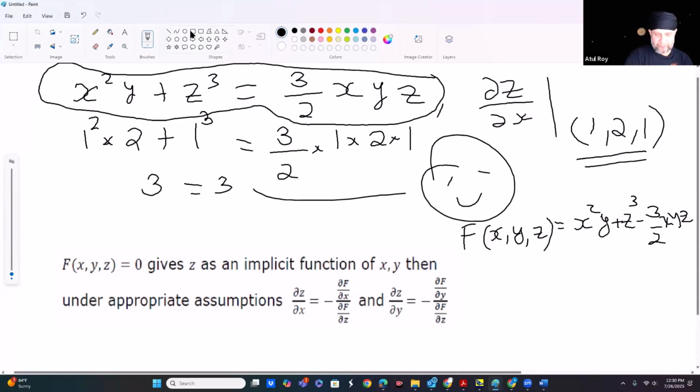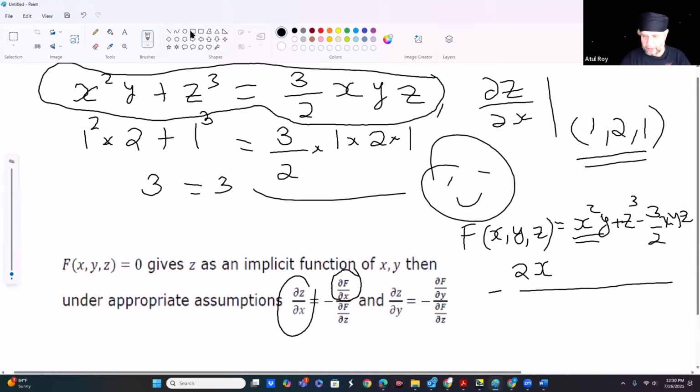And this is asking us for dz/dx. So all I have to do is obtain my dF/dx, with a negative sign. So dF/dx is how much? Look at this: 2x y, everybody, not x squared.